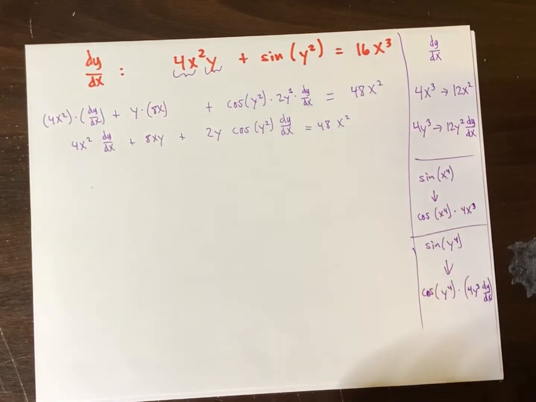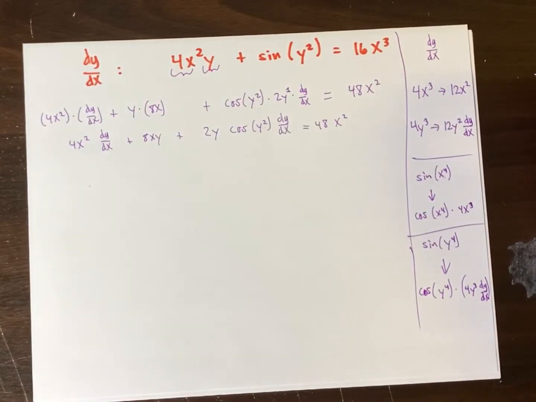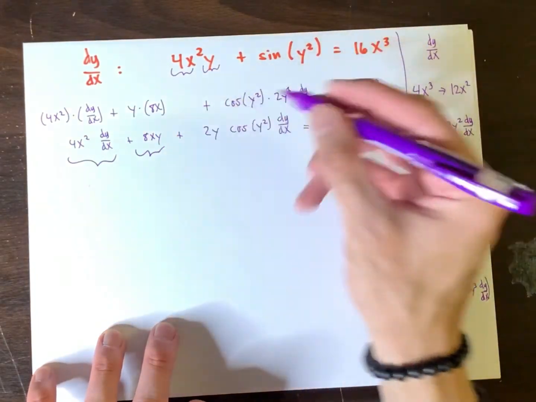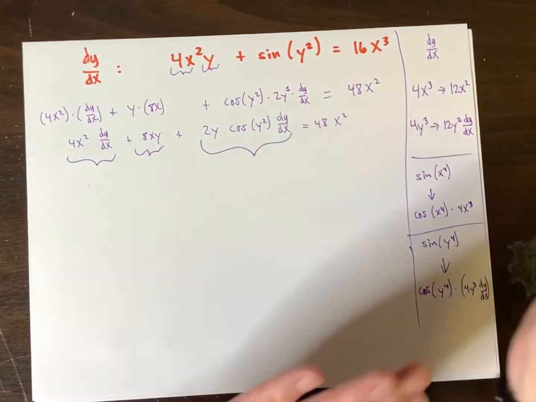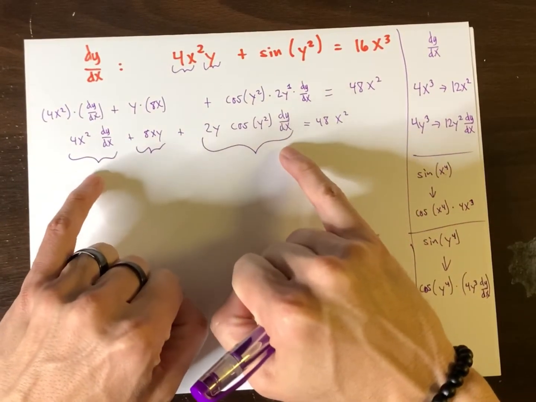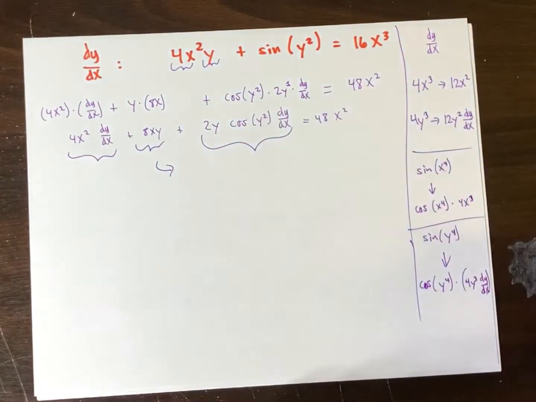Now, the goal here is to find dy dx, which means to isolate it. You see how I have three terms on the left and one term on the right. If you notice, these two terms contain a dy dx, this one does not. So let me move that piece to the other side.